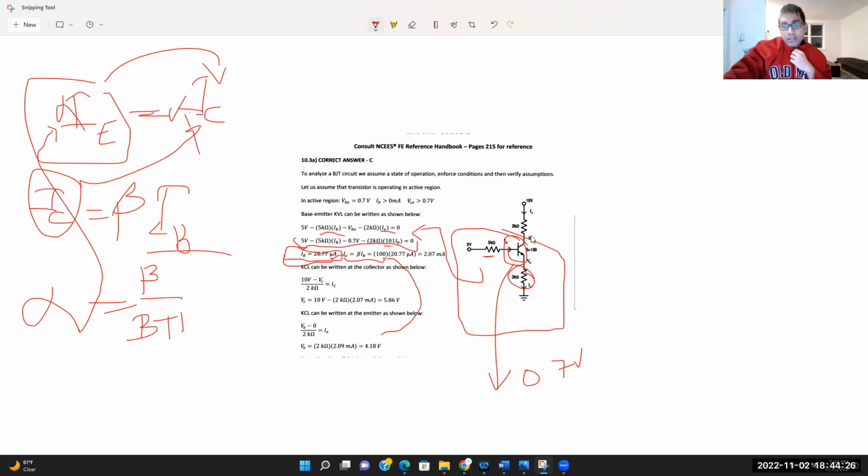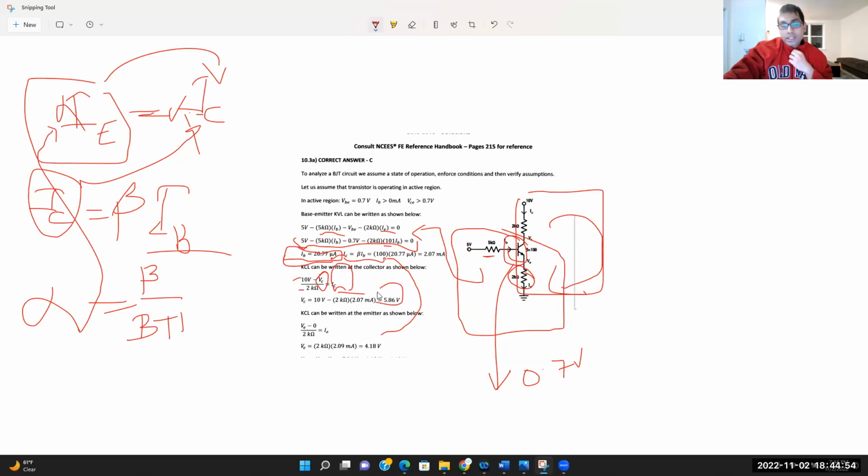Now coming back, once you've figured that out, your next step is to figure out the collector to emitter voltage. Then you apply a KVL at this end of the circuit. So 10 minus my VC equals IC times 2K. You pretty much know IC from here, so you can figure out your VC.